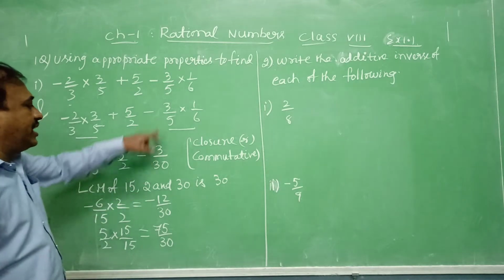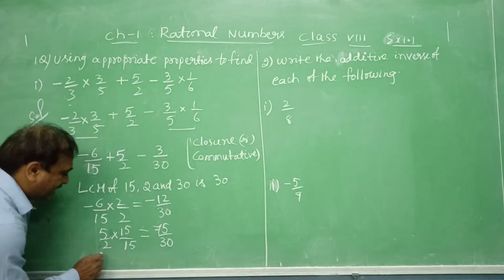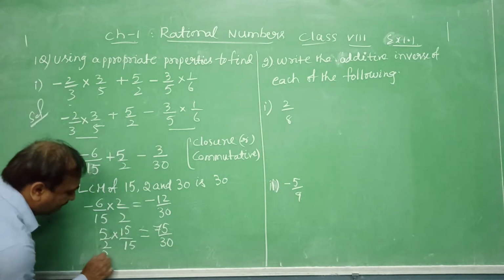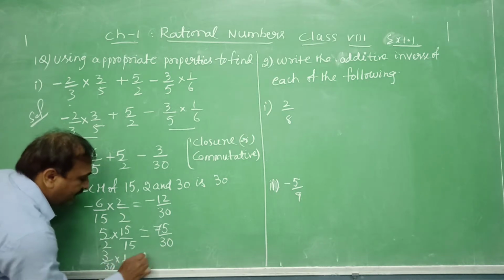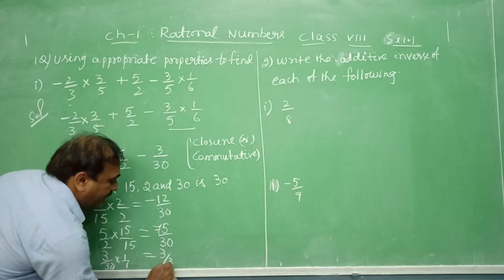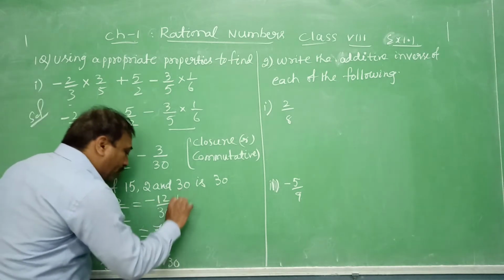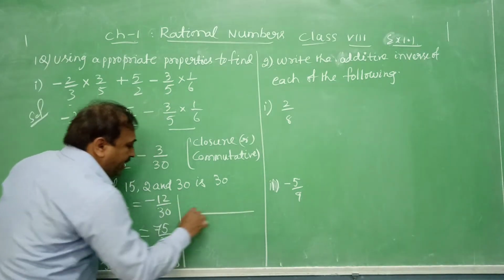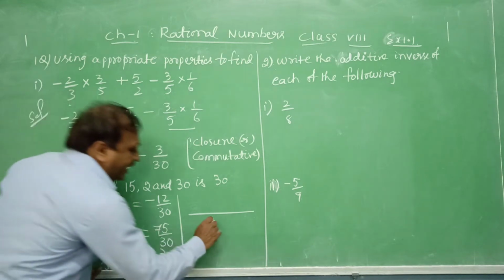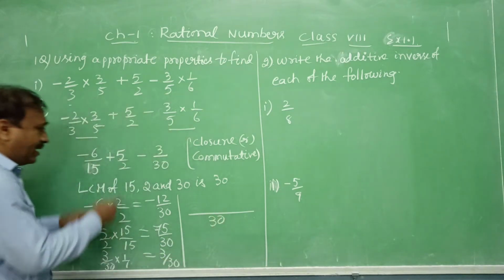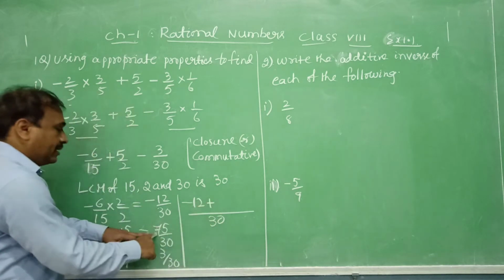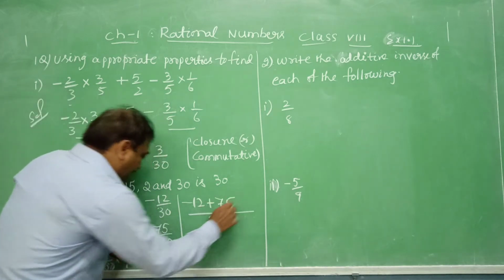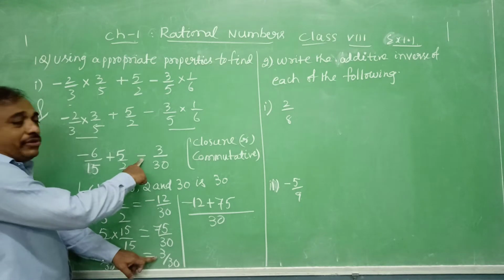So with 15, 75 by 30. Then this rational is as it is, 3 by 30 into 1 by 1, which will give you 3 by 30. Now observe it. The denominator is the same, 30, and here it is minus 12 plus 75, and here it is 3, but what we have here?